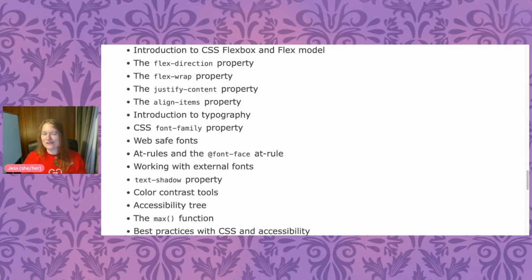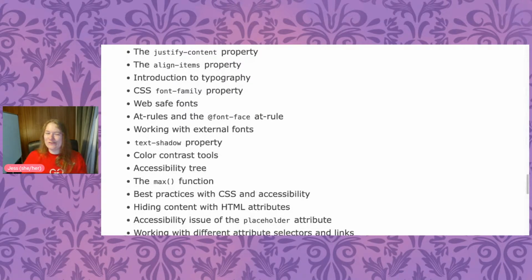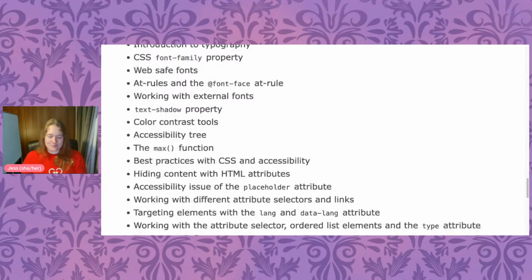Functions always feel like functions. And we've learned some about the best practices with CSS and accessibility. So how are we going to do our color contrast? How are we going to test? We've learned about hiding things. So saying, hey, sometimes there's elements that we don't want to visually show on our material, or sometimes there's elements that we want to hide from the accessibility tree.